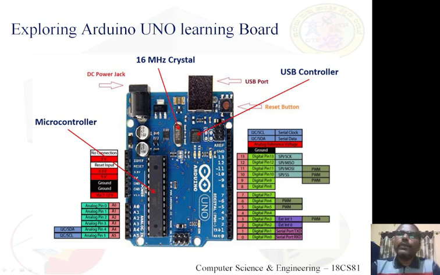Or in other words, in terms of voltage, 0 volts or 5 volts. So there are totally 14 digital pins. Among these digital pins, observe the pin numbers 11, 10, 9, 6, 5, 3. They are PWM output pins. That means there are 6 pulse width modulation outputs.